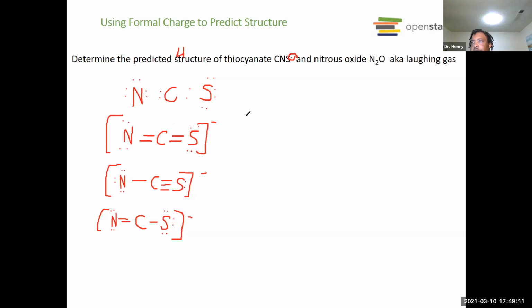Okay, so the nitrogen here, 5 valence electrons minus 4 lone pairs, minus 2 bonds. So that's going to be a -1. Carbon, we have 4 valence electrons minus no lone pairs, so 0, minus 4 bonds.